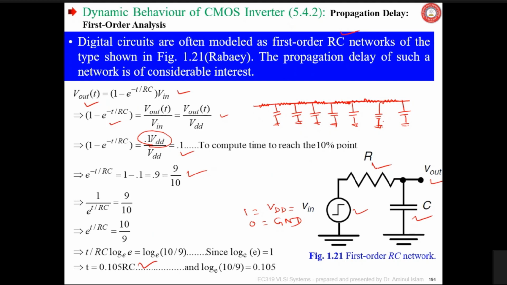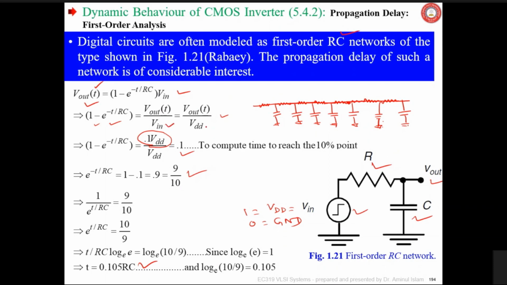The propagation delay of such a network is of considerable interest, and V out as a function of t can be written as 1 minus e to the power minus t by RC, times V in. Which we can write as 1 minus e to the power minus t by RC equals V out by V in.